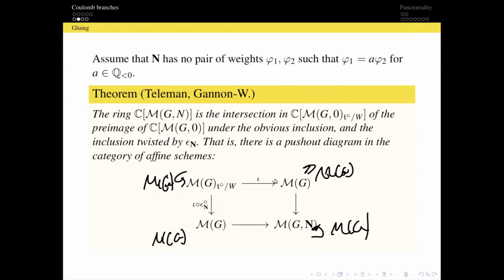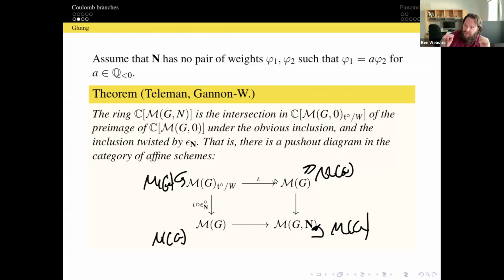Oh, I see. So your point is that this M of G action on the two different copies of M of G restricts to the same action over this open. Yeah. One way to say this is, the thing I just described is the coproduct in the category of schemes, and that coproduct kind of obviously gets this action.